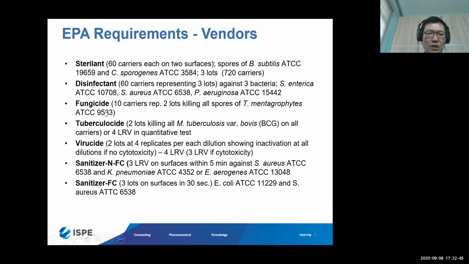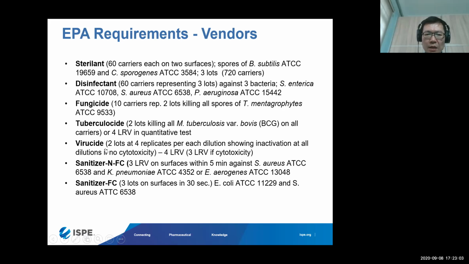Also, you have the fungicide as well, 10 carriers. If you have only 10 carriers, then all the carriers will need to show absence of growth. So that is the acceptance criteria. Of course, there are also claims on tuberculosis and against viruses as well.